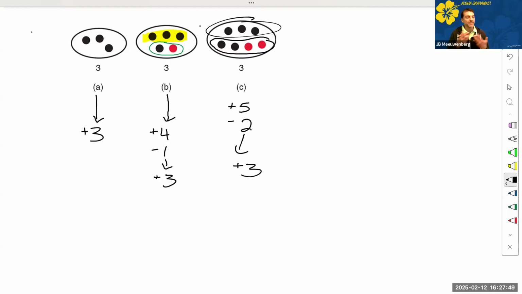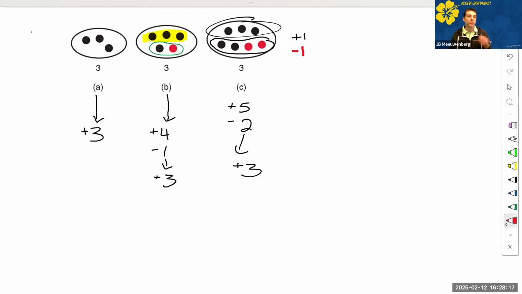And so you start to see, again, that statement I wrote above, every integer can be represented an infinite number of ways, as long as we just keep adding 1 black and 1 red, the value is still going to be 3. And that's a really important concept when we start to use this model of black and red chips.